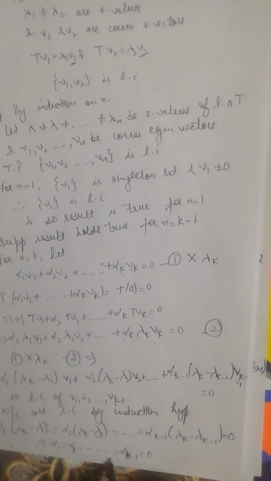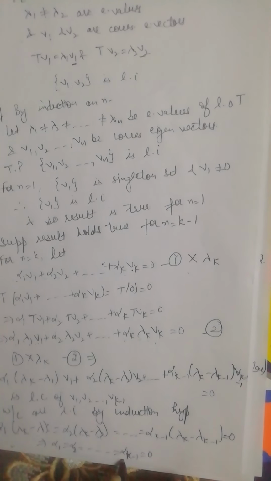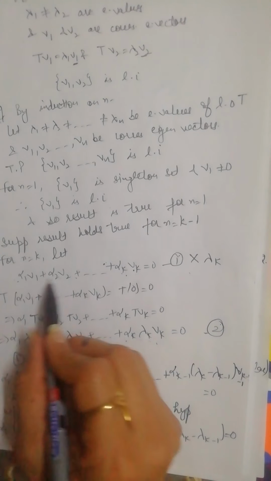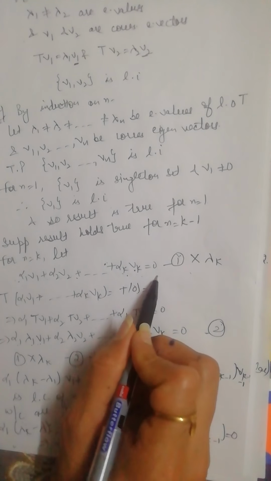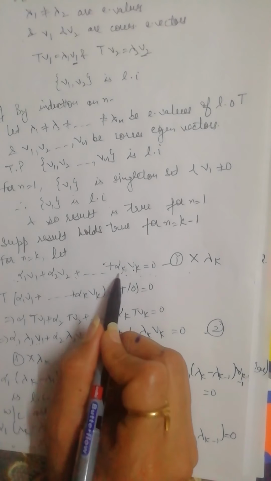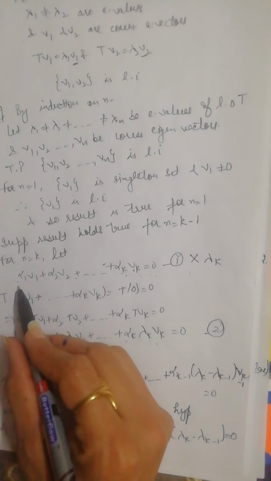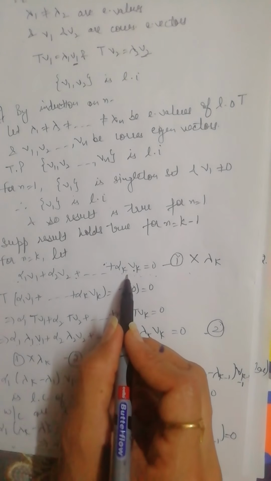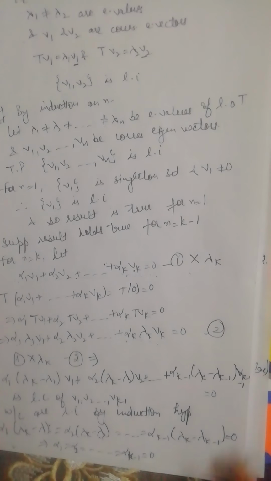And putting the values of alpha 1 up to alpha k minus 1 in equation 1, we get alpha k vk is equal to 0. Since vk is not equal to 0, alpha k will be equal to 0, so that all the coefficients alpha 1, alpha 2, up to alpha k are equal to 0.